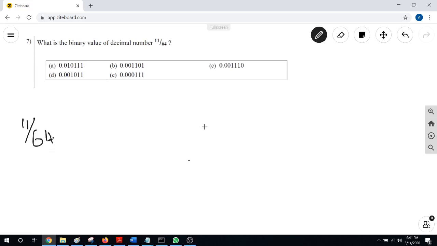So we can just write it like this, 0 point, and the next fraction parts will be half, then 1 divided by 4, the third fraction will be 1 divided by 8, then 1 divided by 16, 1 divided by 32, and 1 divided by 64, right?